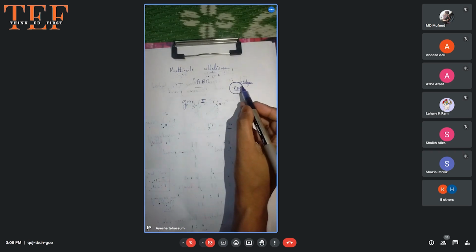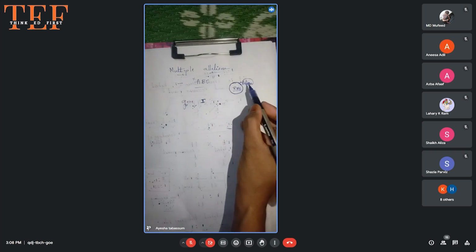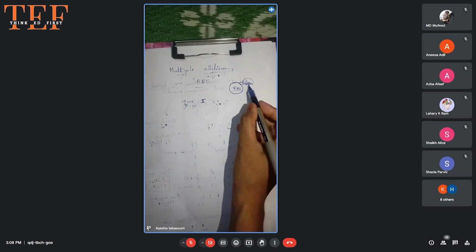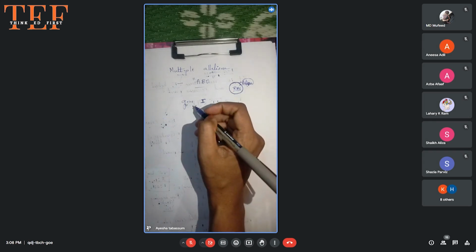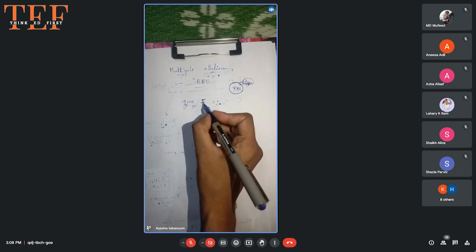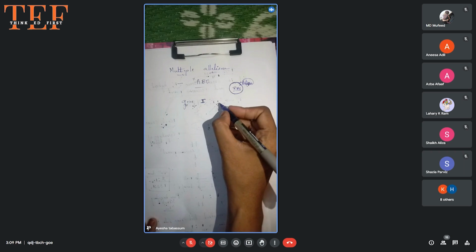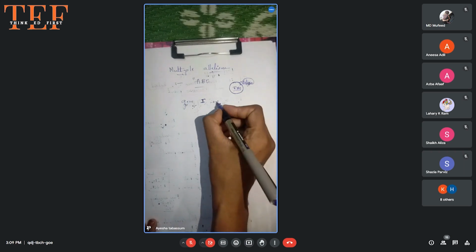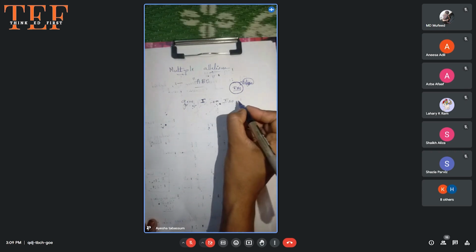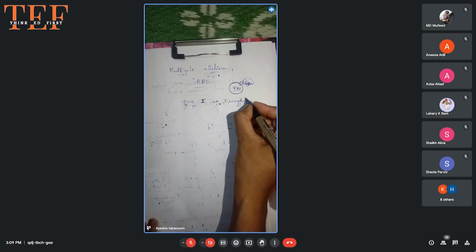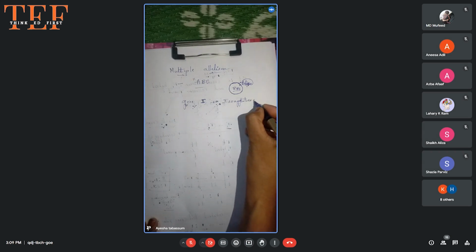The antigen on your RBC determines the type of blood group, and the synthesis of this antigen is determined by the gene I. And what is this I representing? It represents isoagglutinogen. This is very important, make a note of this. I represents isoagglutinogen.